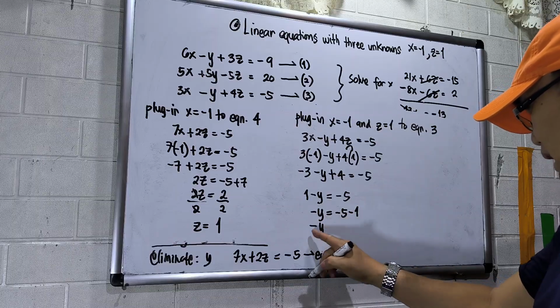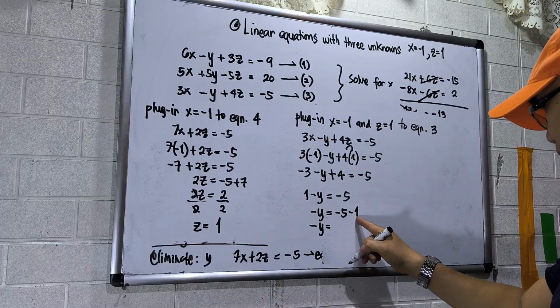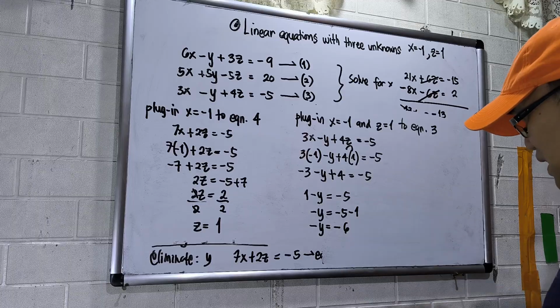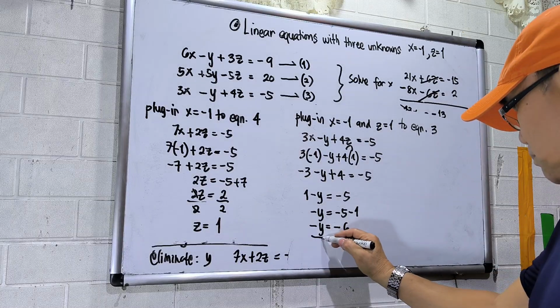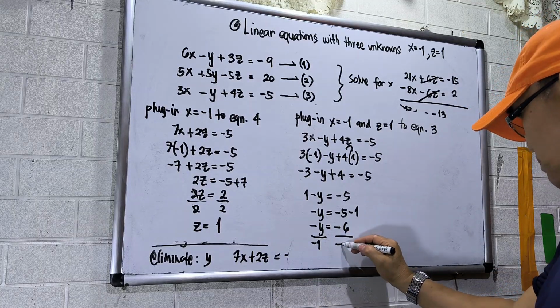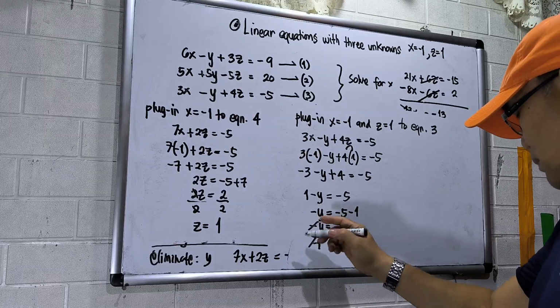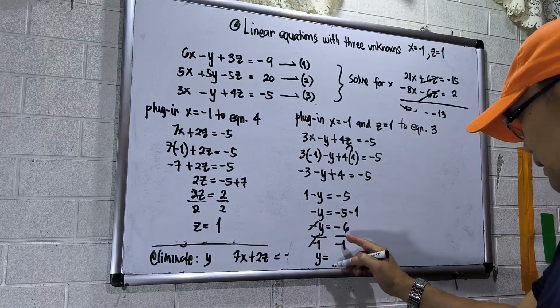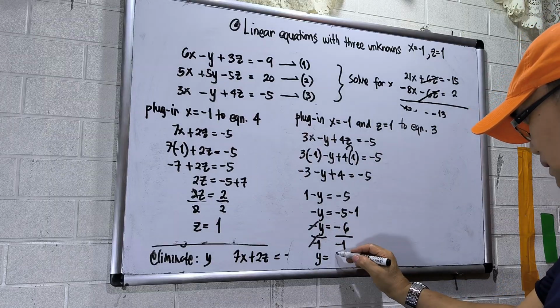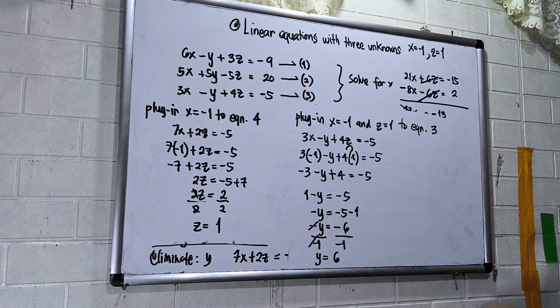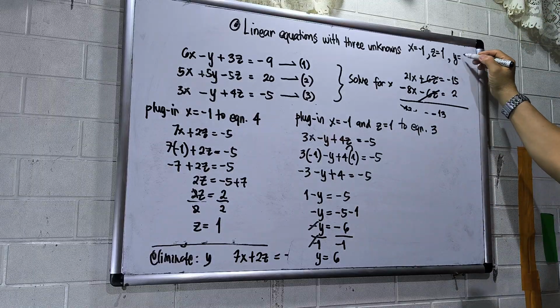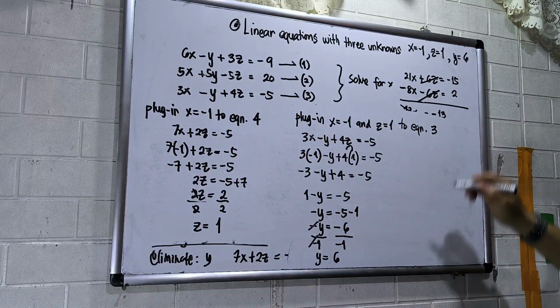So negative y is equal to negative 5 minus 1, that will be negative 6. Divide both sides by negative 1. Negative will be crossed out. Then you have y, negative 6 divided by negative 1, that is positive 6. So this y will be positive 6.